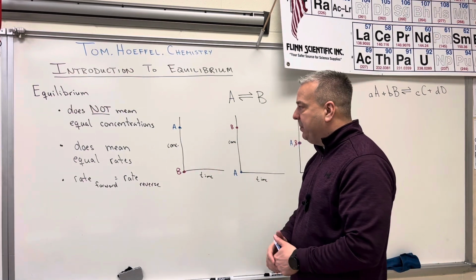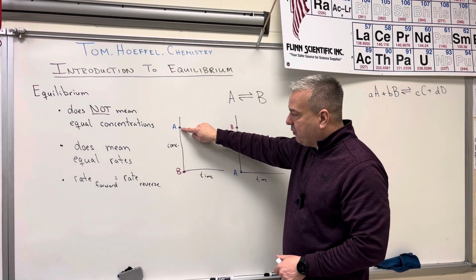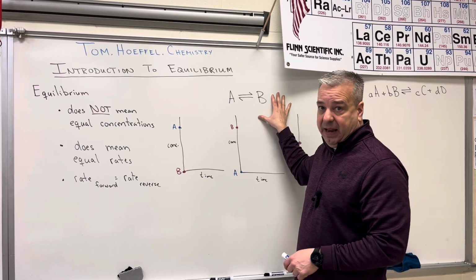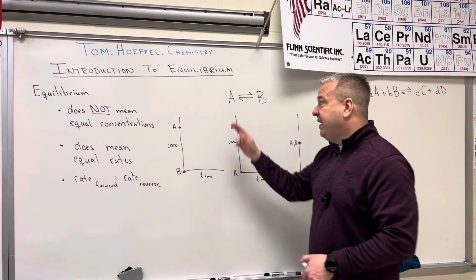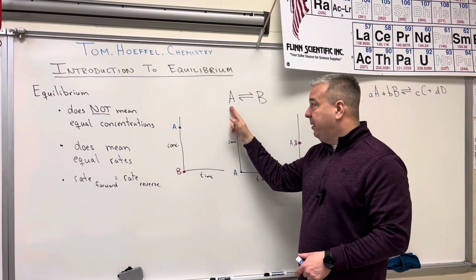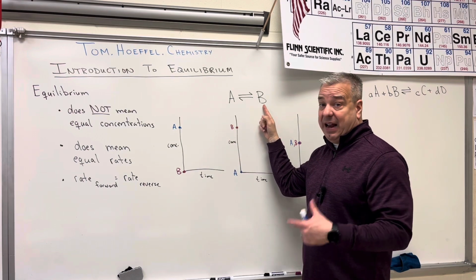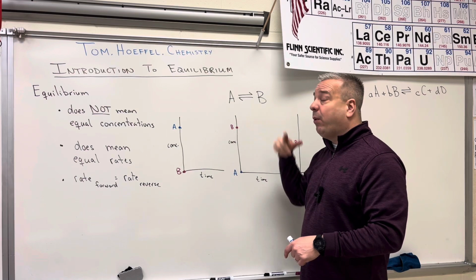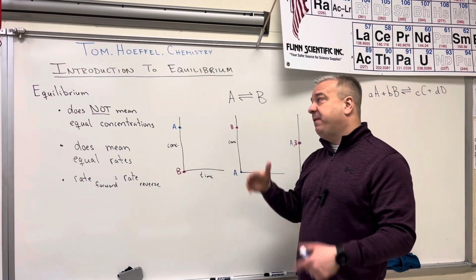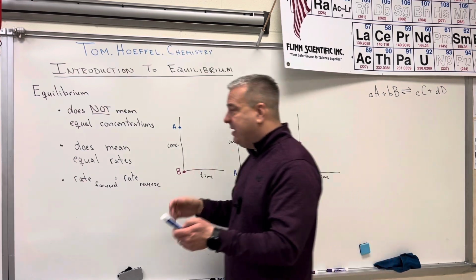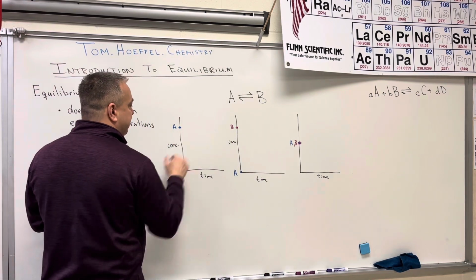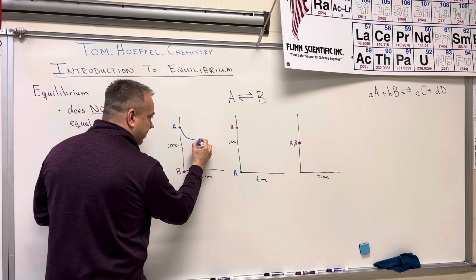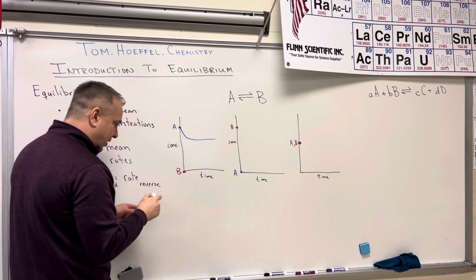So let's say I have this chemical reaction, and in the first graph, I have a whole bunch of A and absolutely nothing of B. Well, what I do know is that in order to achieve equilibrium, I at least have to have some amount of B. So the forward rate is going to be faster than the reverse rate initially. So what's going to happen is something like this: A is going to come down in concentration, and then it's going to level off.